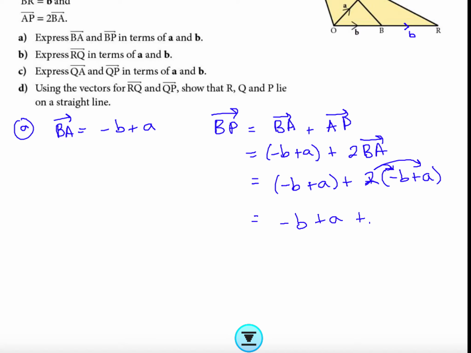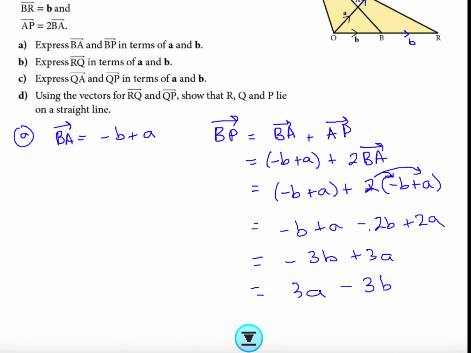Negative 2b plus 2a, and then just solving them, I get negative 3b plus 3a, and similarly you can write 3a minus 3b. So this would work as well.